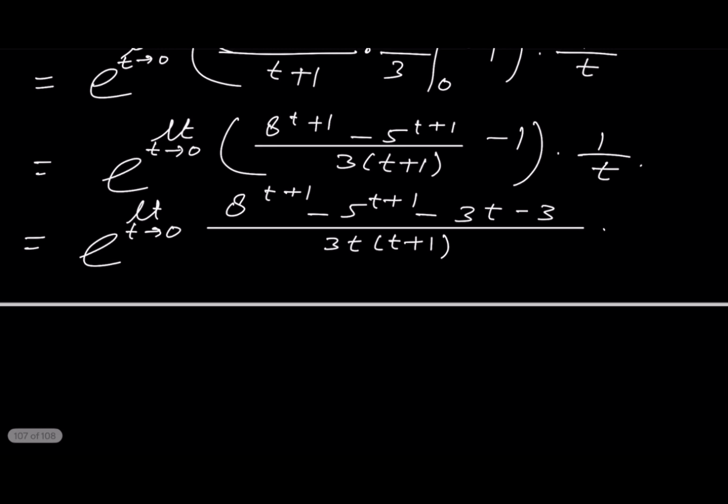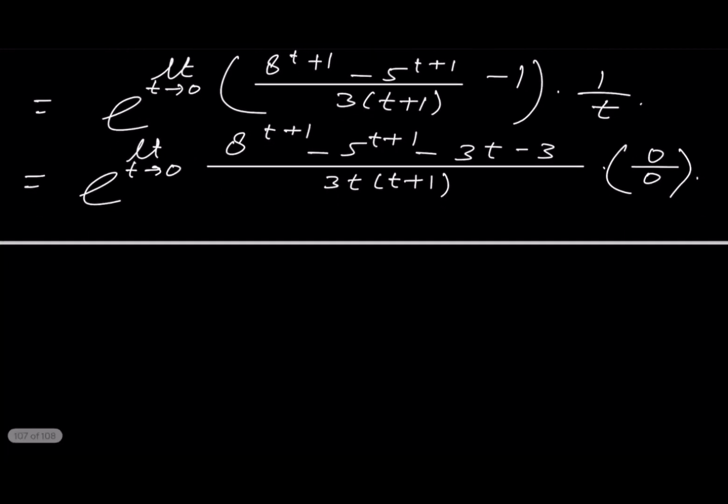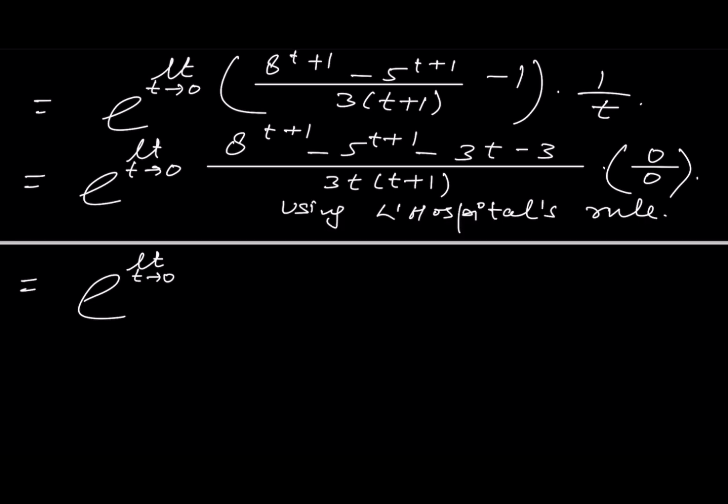Now the form is 0 by 0. Okay, so if the form is 0 by 0, I can use L'Hopital's rule. It says you can differentiate numerator and denominator separately.